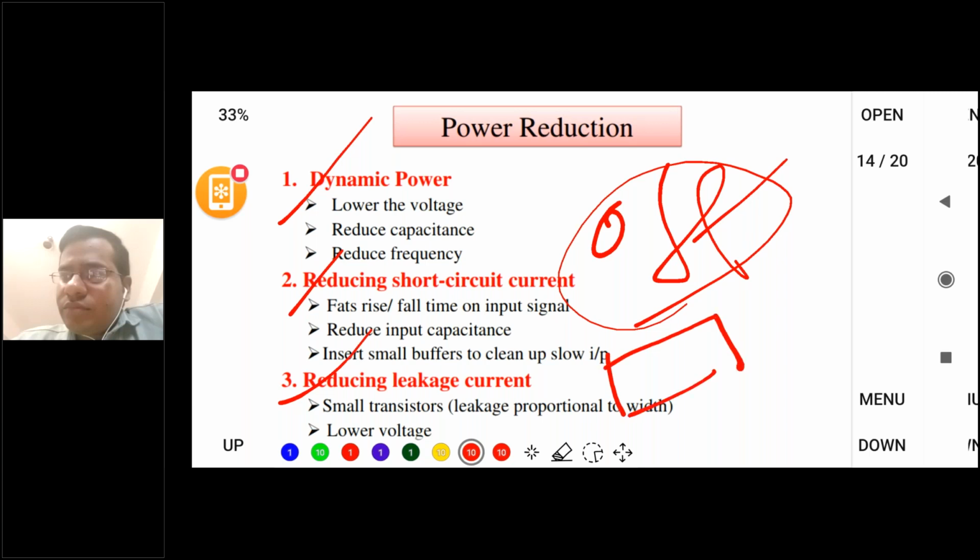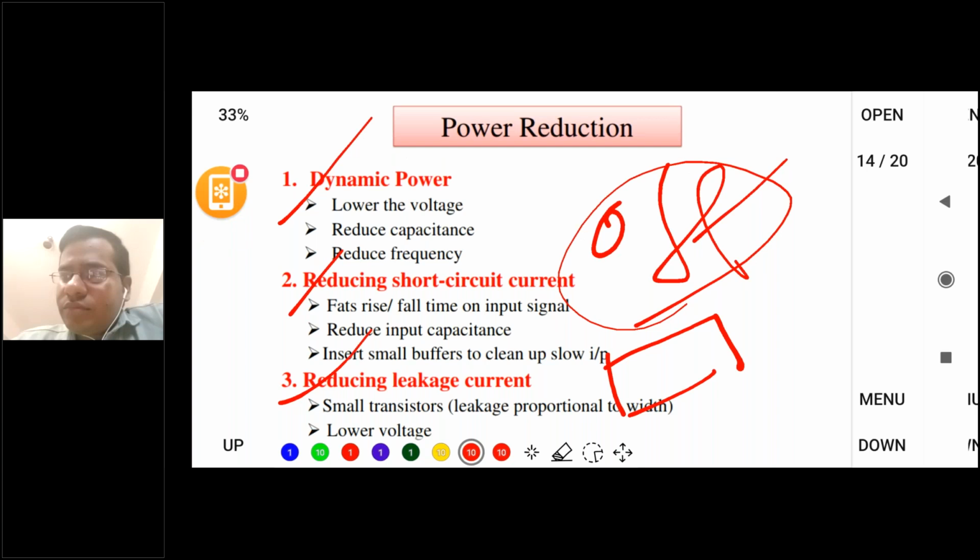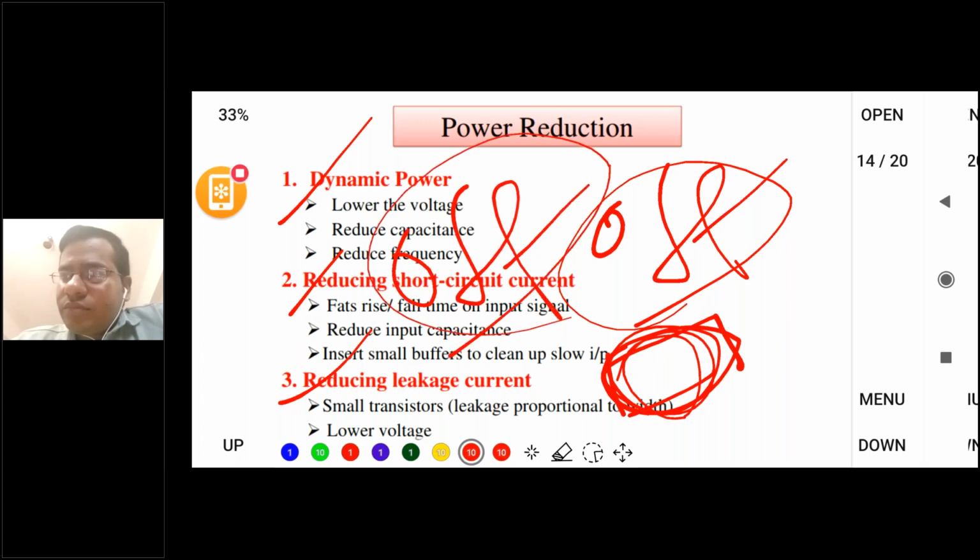But if some current is available in the channel at the off state, some reverse current, that is known as leakage current. But this value is very small in the case of CMOS circuits.